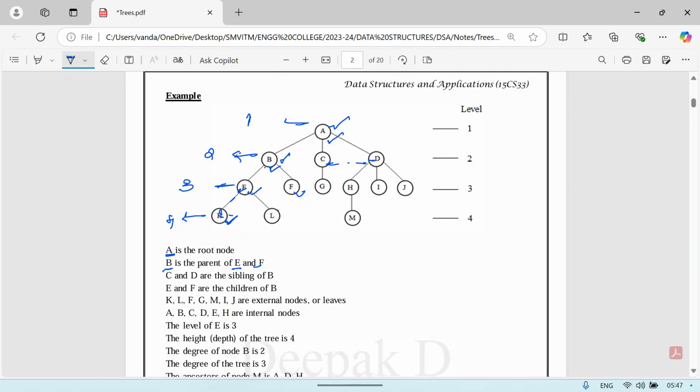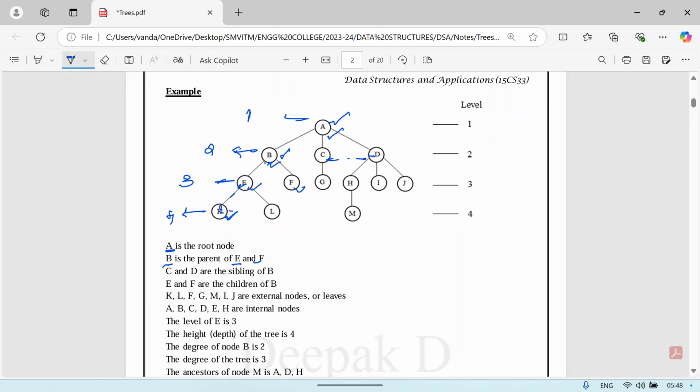Then the degree. Degree means, for a given node, the number of child nodes. The degree of B is 2, that is E and F. The degree of the tree is 3 because the highest number of children is 3.